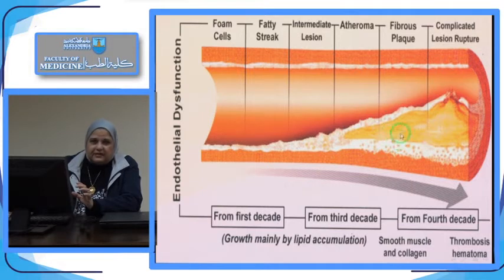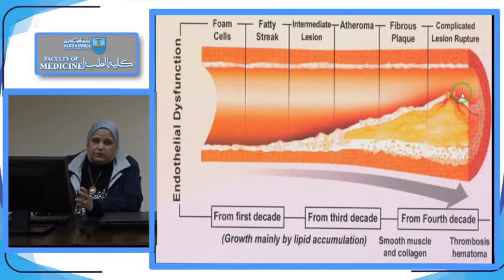With the deposition of more dangerous fat, a fibrous plaque starts to form. Again, this may be asymptomatic. The last step is rupture of the plaque and the release of thrombus, which may travel a distance away from the site of the lesion, maybe cerebral, coronary, renal, or peripheral, leading to embolization.